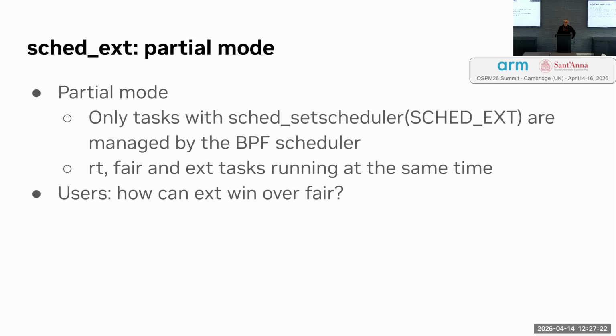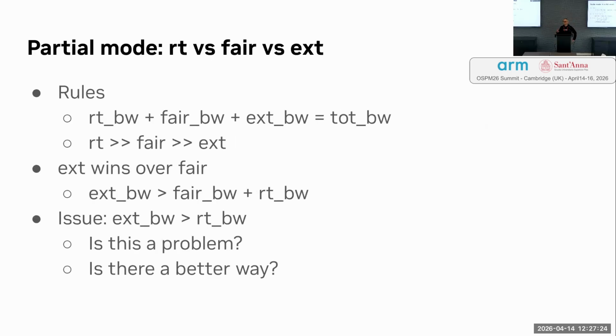To give an answer to that question, that's what I suggested. If you want EXT to win over fair, just assign a bandwidth to EXT greater than fair plus real time. That works. You say EXT gets 60%, and the rest is taken by fair plus RT. You're strongly reducing the RT bandwidth, but in practice EXT wins over fair.